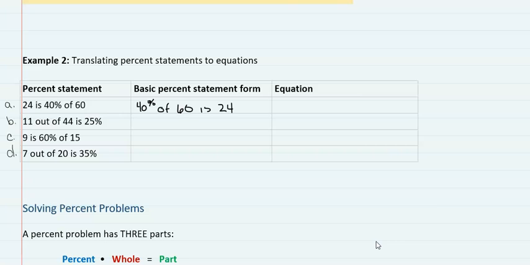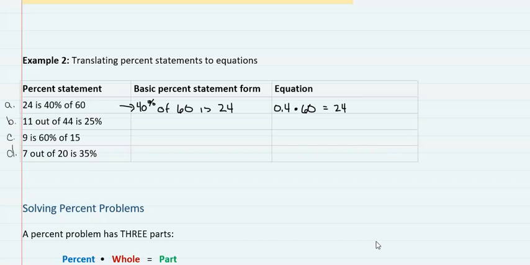Right, so we're going to put this as an equation. So 40% we need to put that in decimal form. So that becomes 0.4. Of becomes times 60 equals, because that's is, 24. So if you can put it in this format first, it will make creating the equation so much easier.